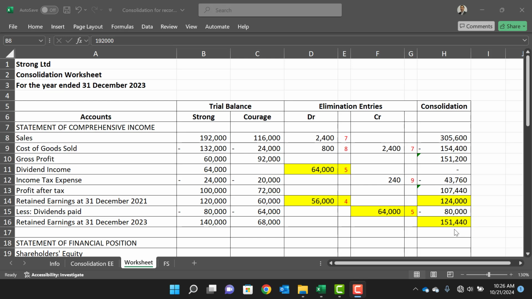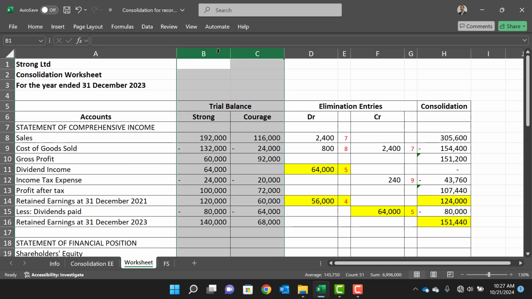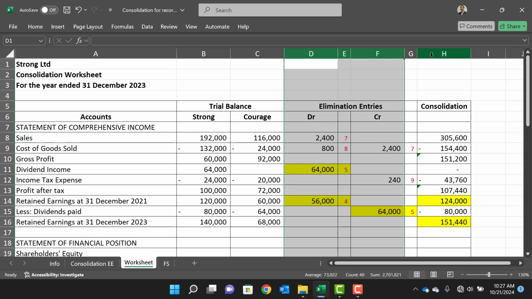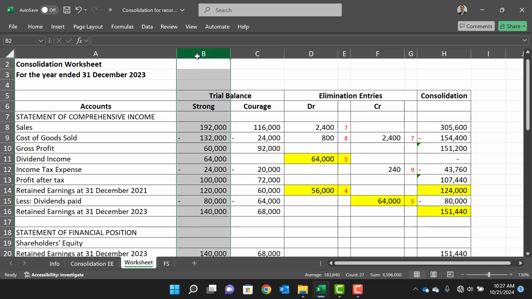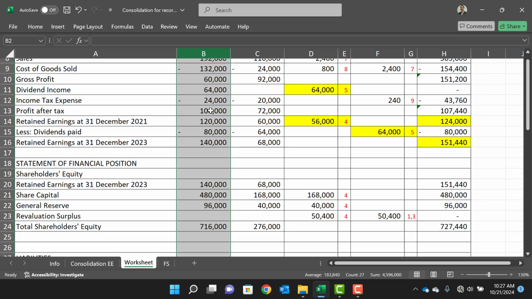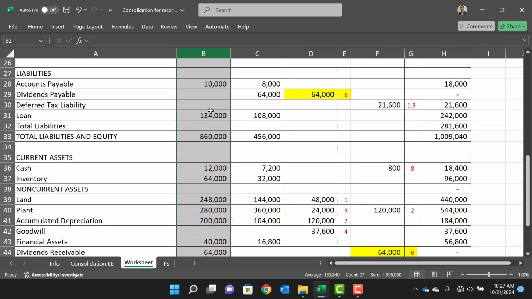With regards to the consolidation worksheet, what we need to do is have two columns here for the parent and subsidiary, one for parent and one for subsidiary, and then two columns for elimination entries and one for consolidated amounts. If you have typed all those amounts from your two companies here, that will be fine.